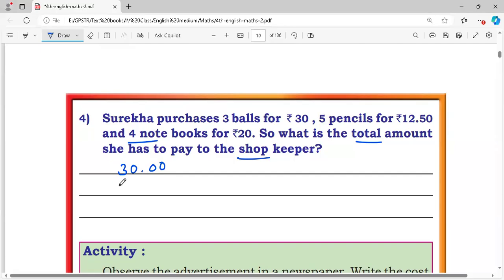Next, pencils 12 rupees 50 paise. Next, 4 notebooks for 20 rupees 0 paise. Add all these. 0, 5, 2, 2. 0 plus 2, 2. 3 plus 1, 4. 4 plus 2, 6. 62 rupees 50 paise.